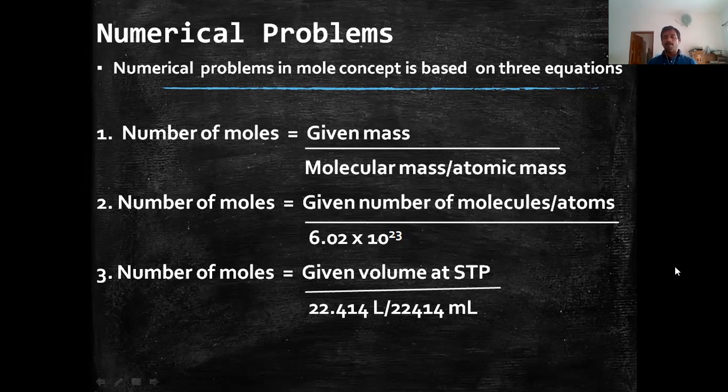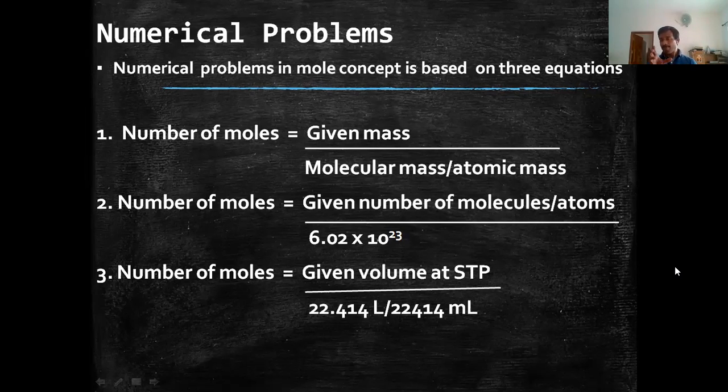Then how will you find out number of moles if volume of a gas at STP is given? The number of moles equal to given volume at STP divided by 22.414 liters. If the given volume is in liter, we can use this equation.